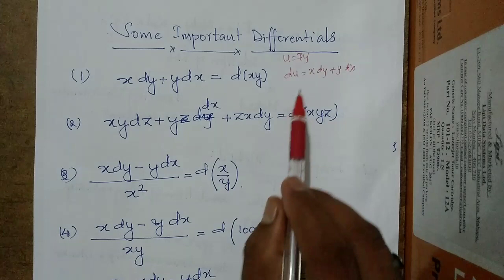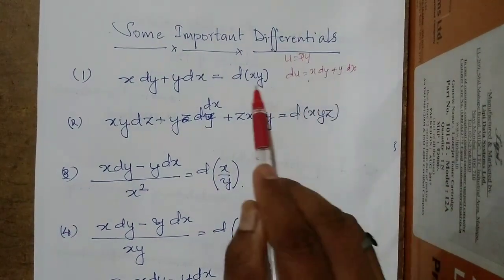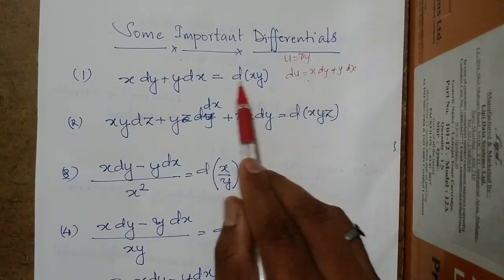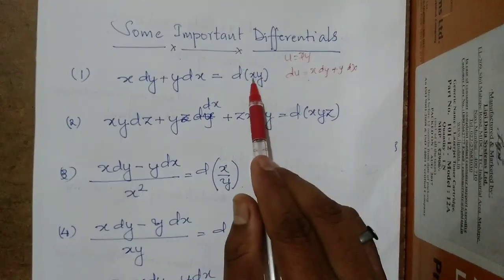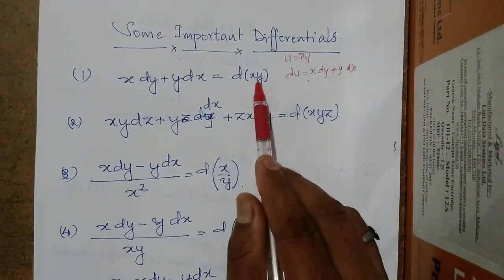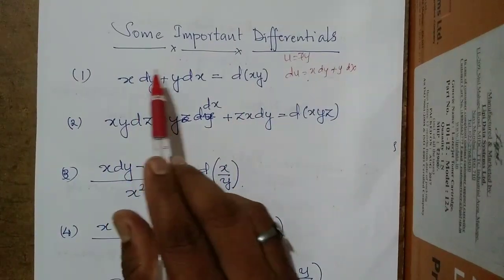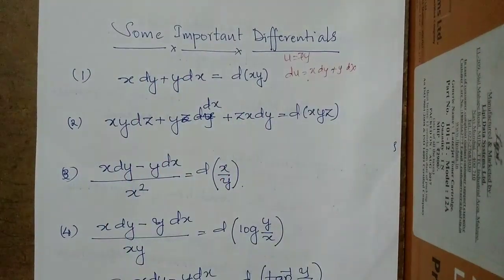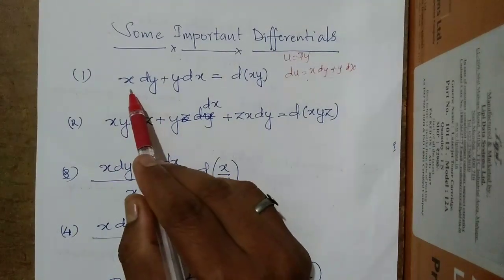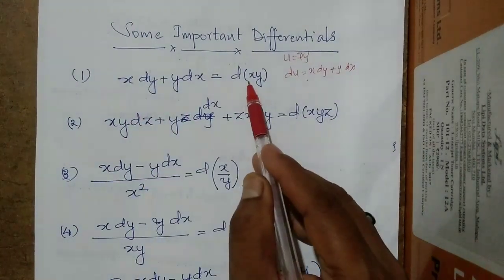This can be written simply as d of xy, that is, the differential of the function xy. Suppose in the differential equation this type of form came, then I can write it directly as d of xy.